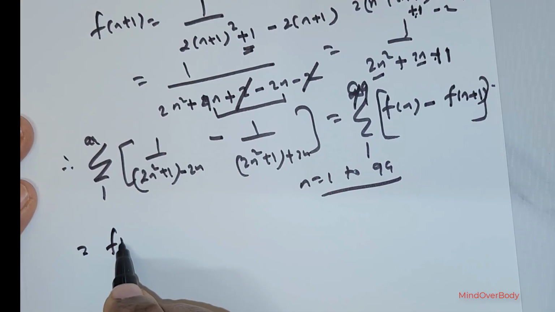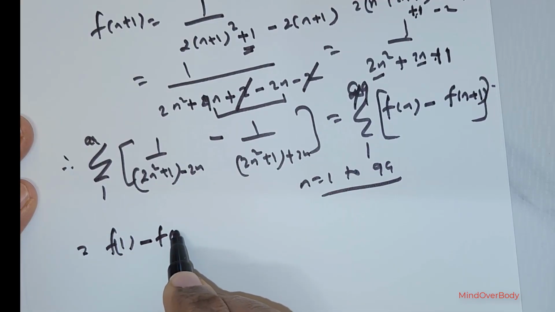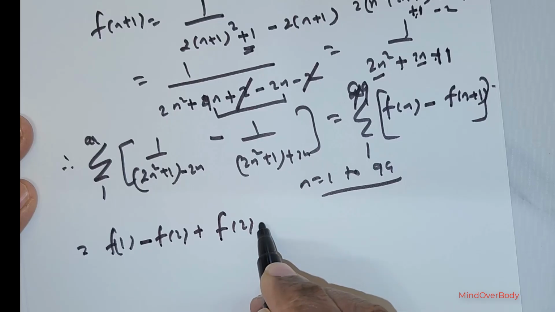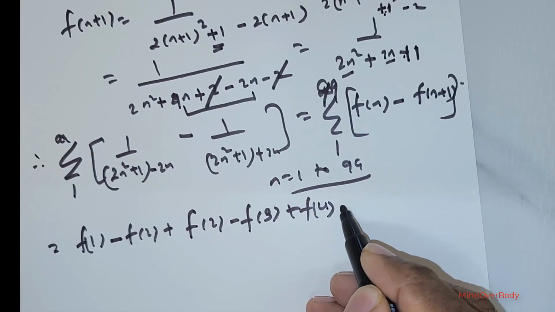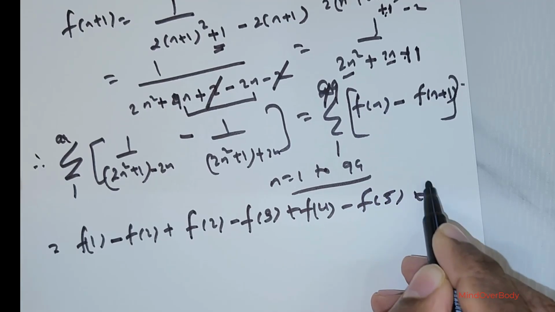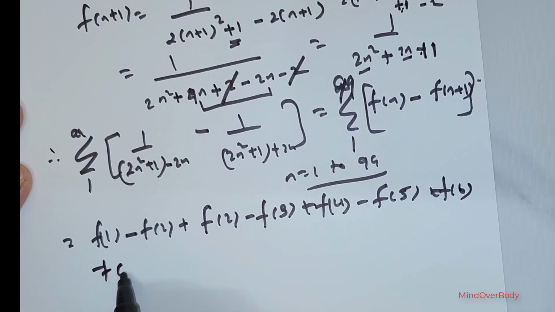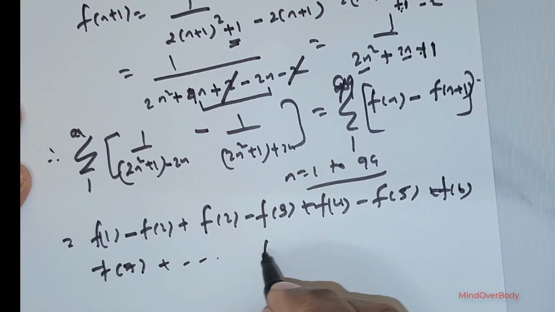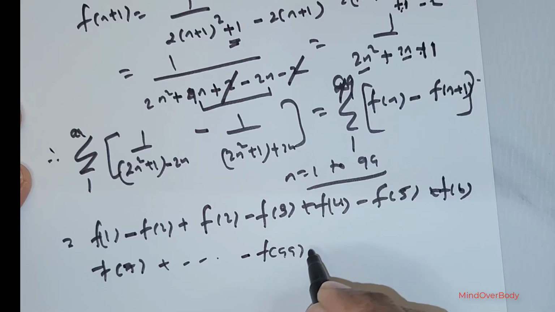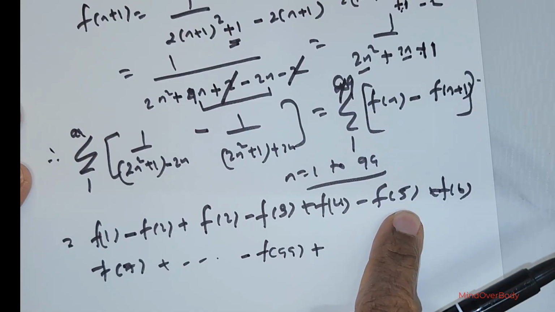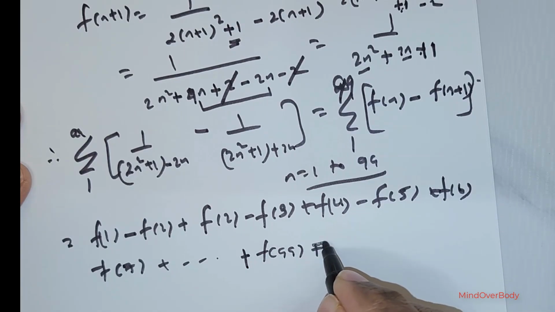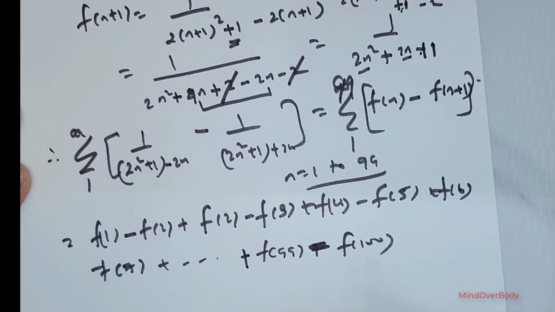So if we do that, I get the first value f of 1 negative f of 2, plus f of 2 negative f of 3, plus f of 3 negative f of 4, and so on, then plus f of 99 negative f of 100.